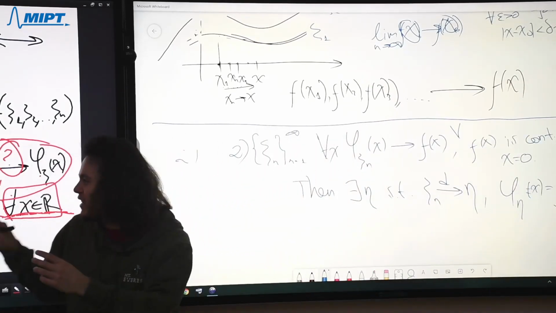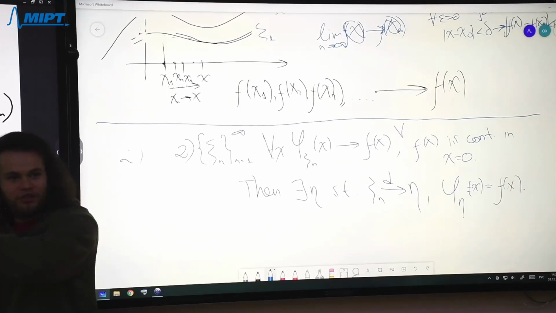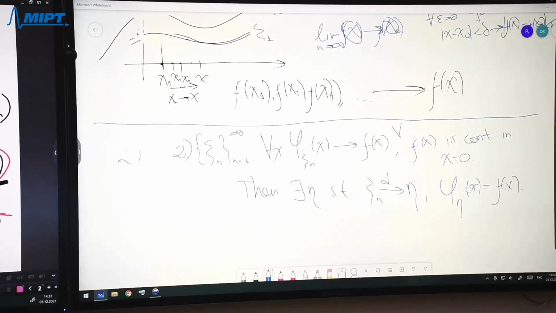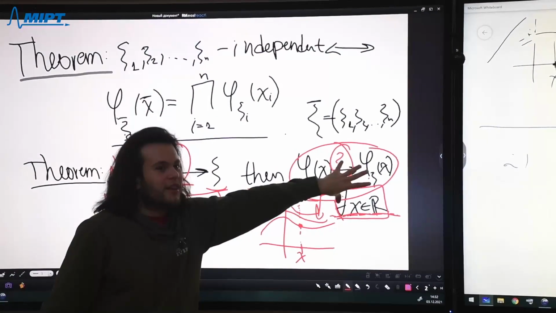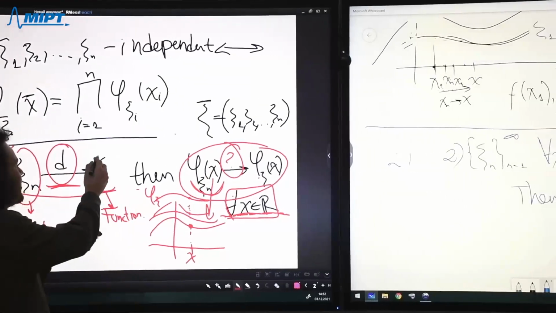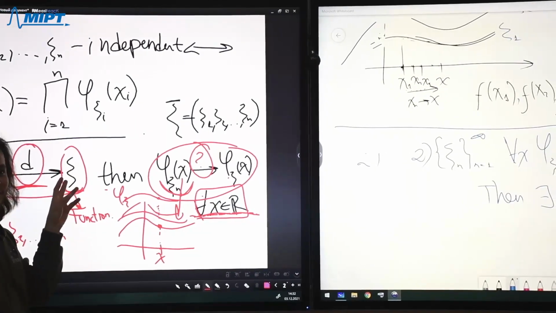So this is the same, but in the other direction, right? So if we know that there is this, then we don't need to know whether this exists or not, right?